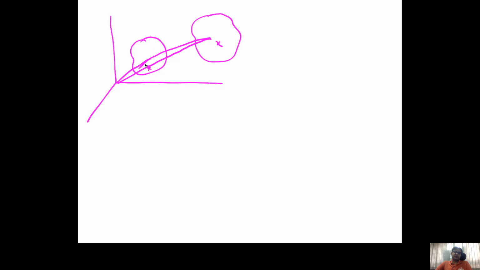So yes, there is an angle here, right? So your u, if you remember, is small x minus capital X, and your small x is actually a function of F of capital X.